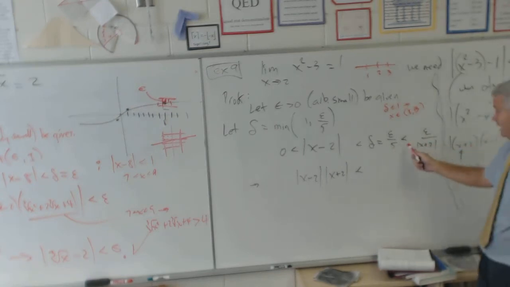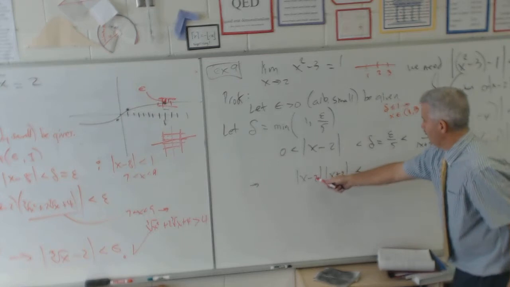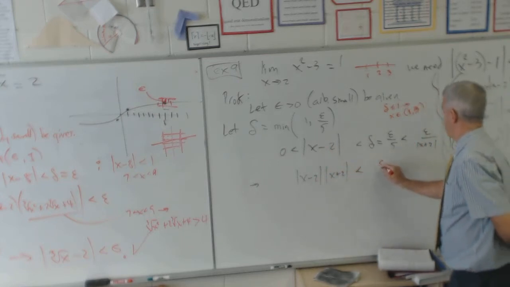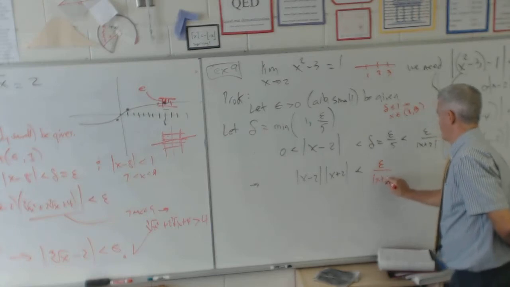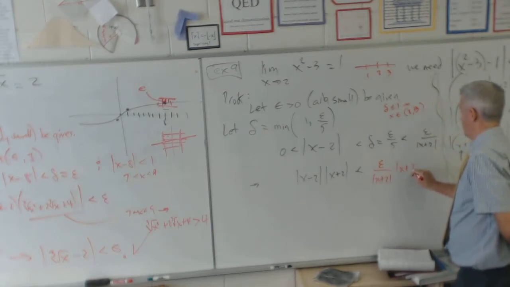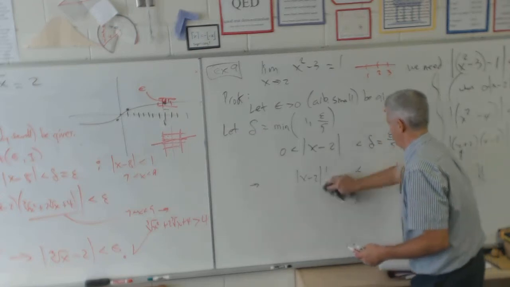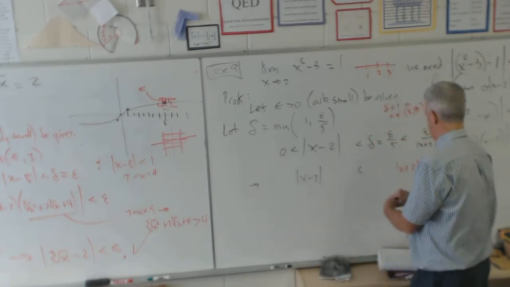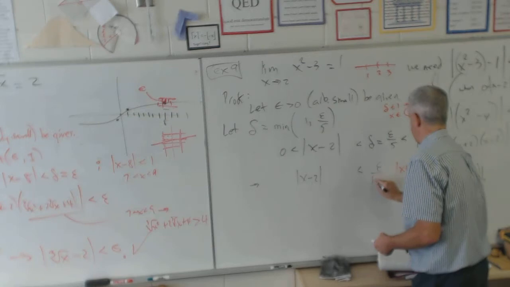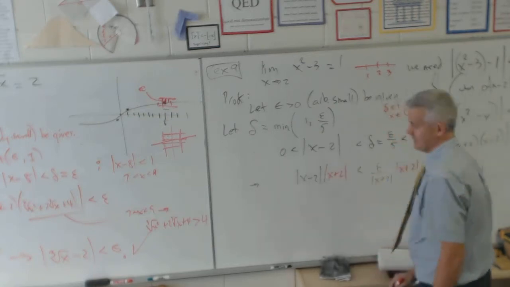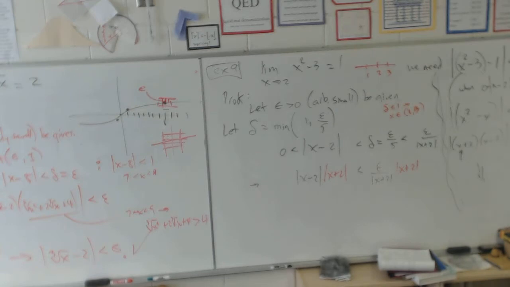Okay, now once they've done that, they're multiplying this by the absolute value of x plus 2, and they multiply the epsilon over the absolute value of x plus 2 by x plus 2. I don't like my handwriting, so I'm going to change this to try to make it clearer. They're multiplying both sides by the absolute value of x plus 2.